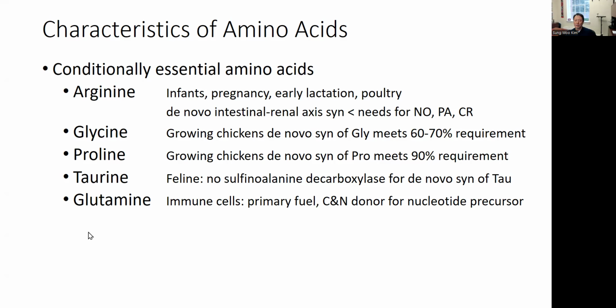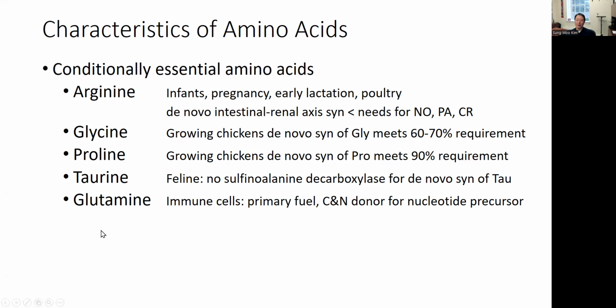The last one is glutamine. It gets converted from glutamic acid by adding additional nitrogen to the extra carboxyl group in the R group, giving glutamine. This amino acid is used very well as an energy source by the immune cells and also the enterocytes in the intestine.